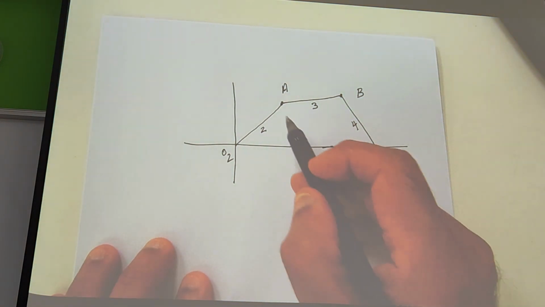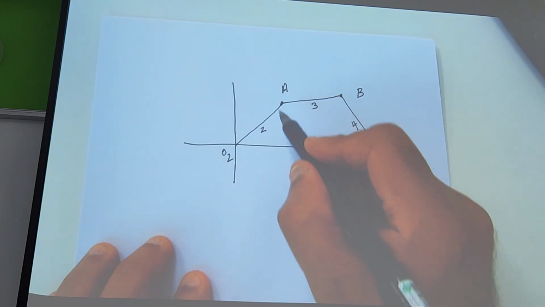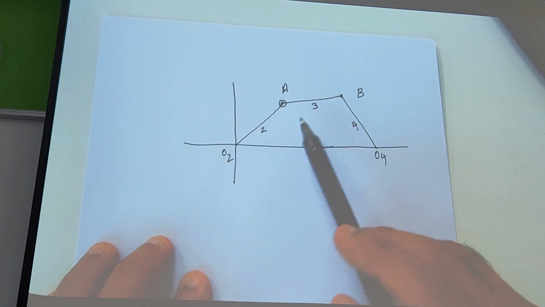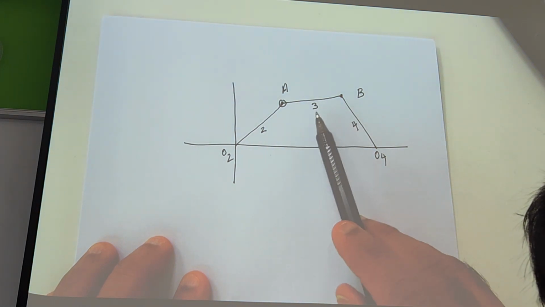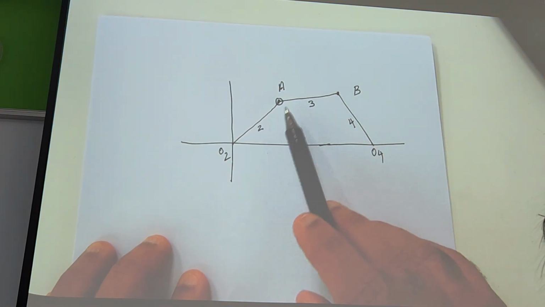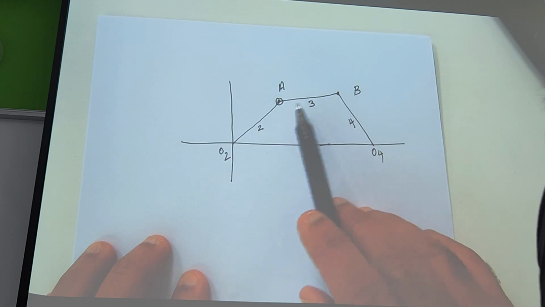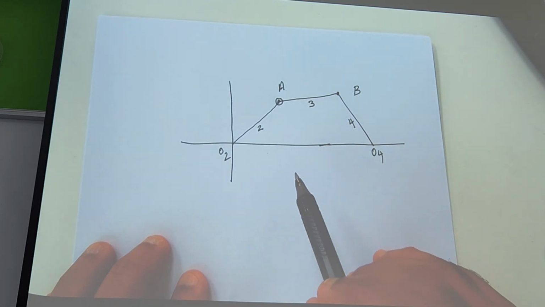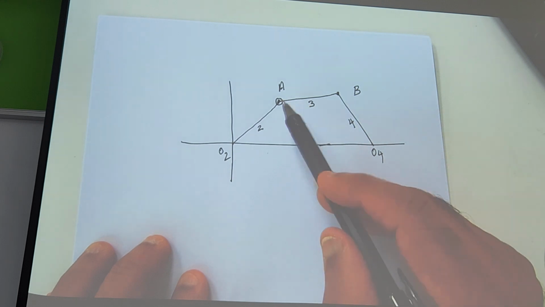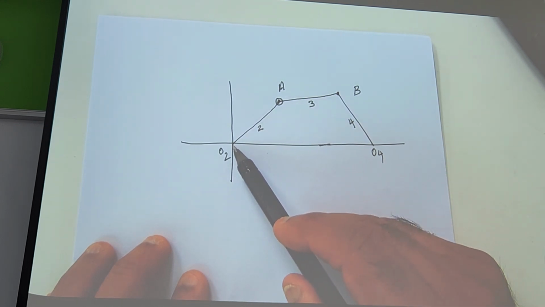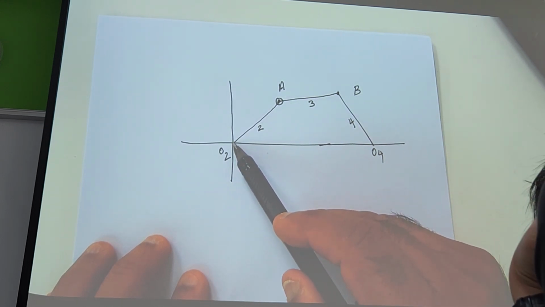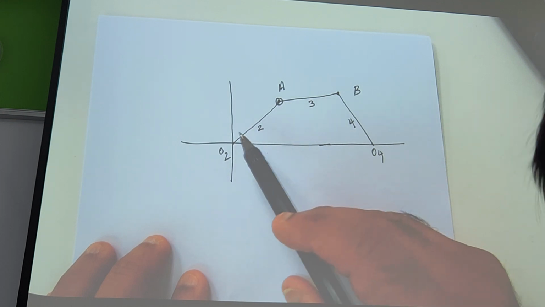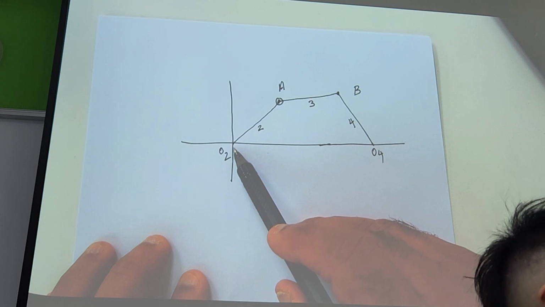Now point A is common to both link 2 and link 3. But for point A on link 2, the instantaneous center is O2. So for point A on link 2, the instantaneous center is O2.